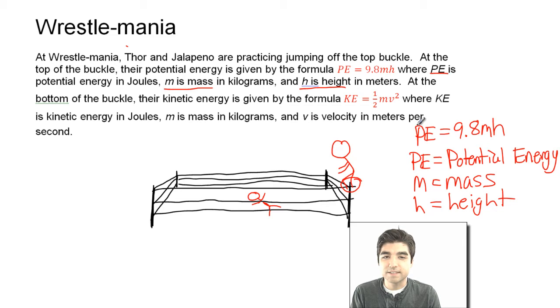And let's see, and then it gives you another equation at the bottom of the buckle. You use this equation, kinetic energy, which is given by this formula, where, let's write the formula.